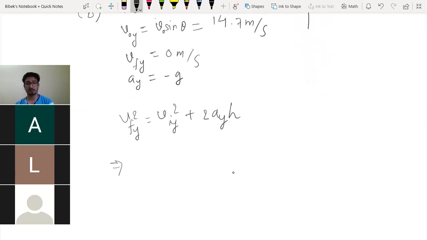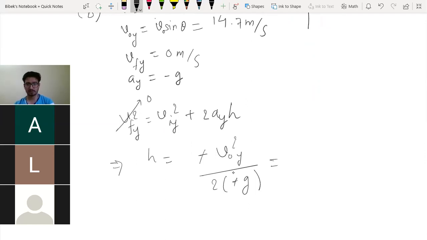Since your final velocity is zero, this part will be zero. And this is negative g. So if you solve for h correctly, it's negative v0y squared over 2 times negative g, right? And so the negatives cancel out.